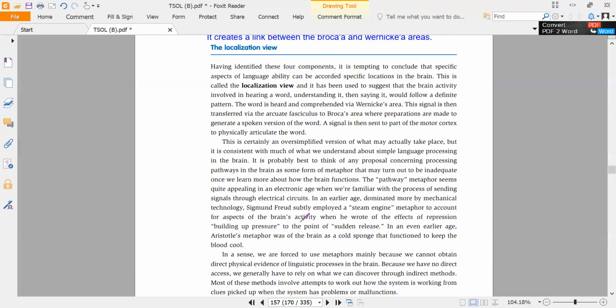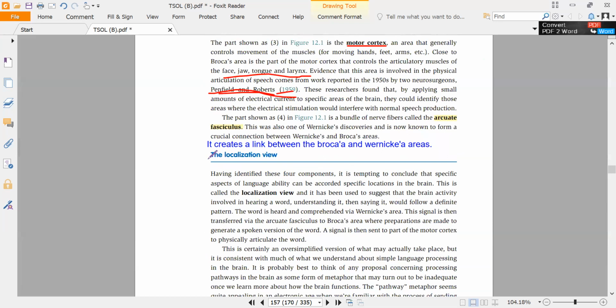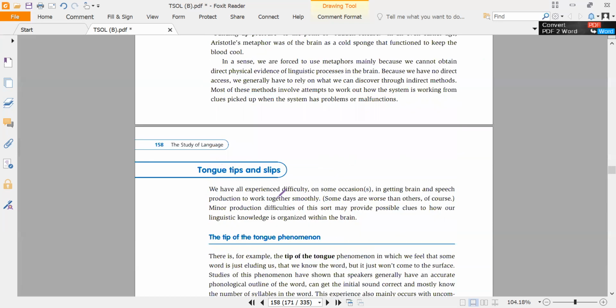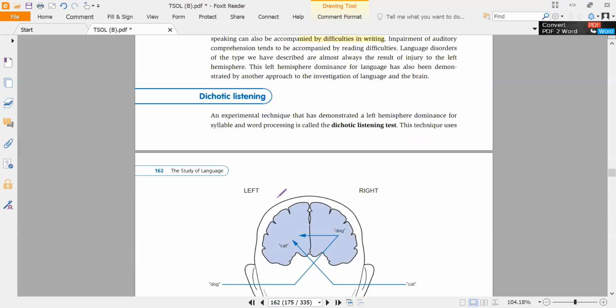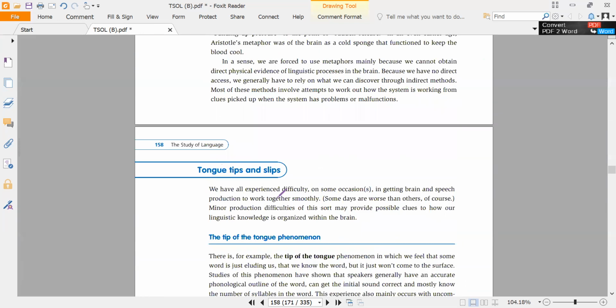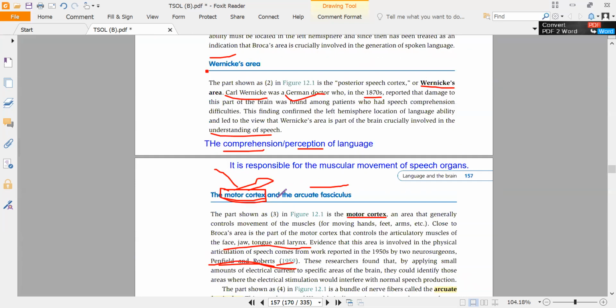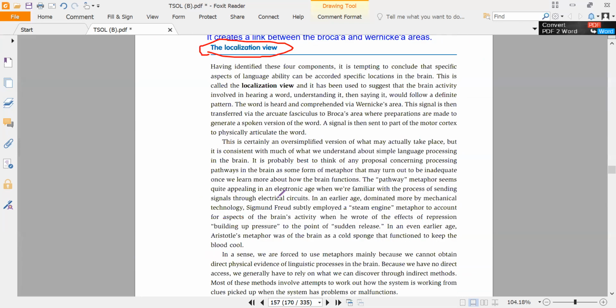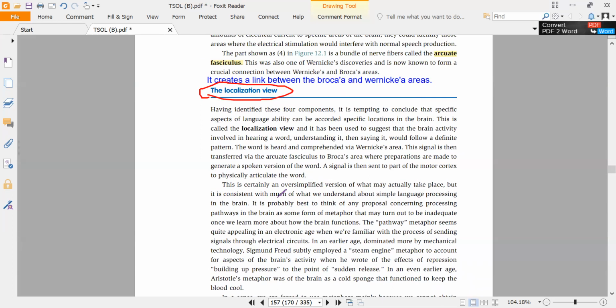Today we're going to talk about the localization view, and the rest of the topics we have in this chapter. So, the localization view: we have already talked about the various parts of the brain involved in different linguistic functions, such as Broca's area, Wernicke's area, arcuate fasciculus, and the motor cortex, right?